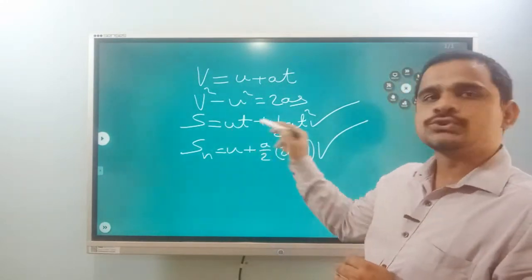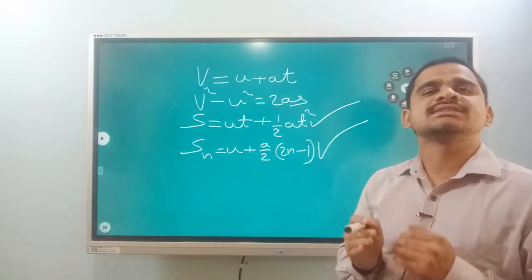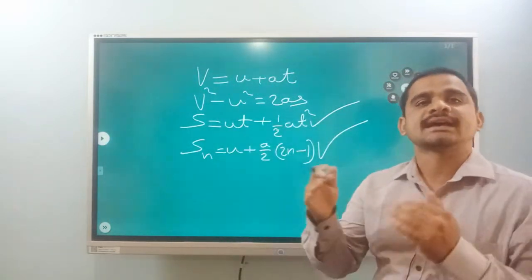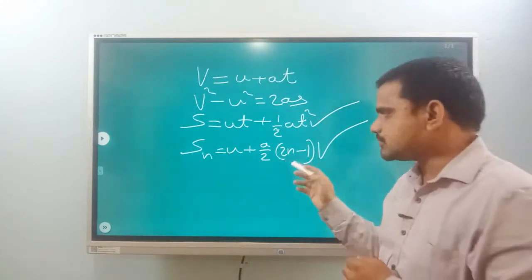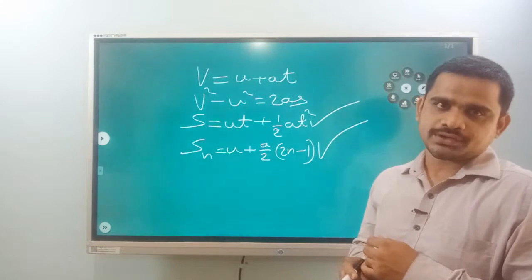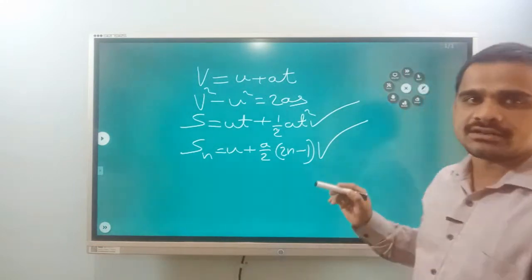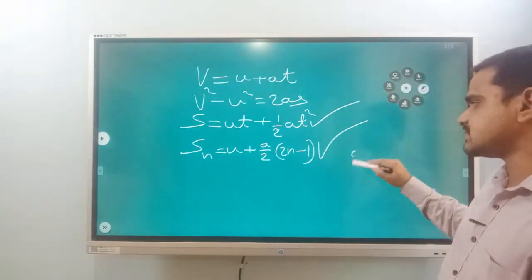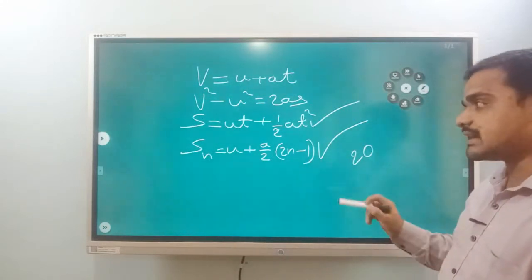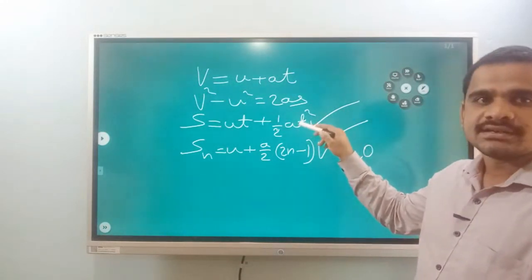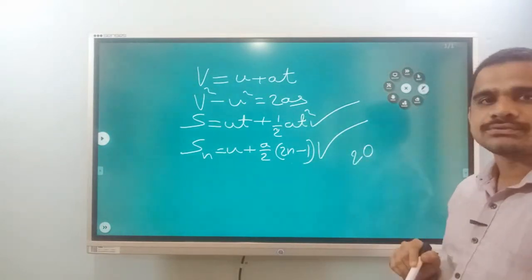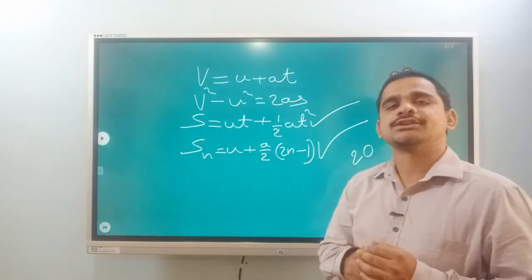This is to be used for the total distance traveled in n seconds, and this is to be used in a particular second. Distance traveled in 20 seconds means this one. Distance traveled in the 20th second means this one. That's the main difference which we have to identify here.